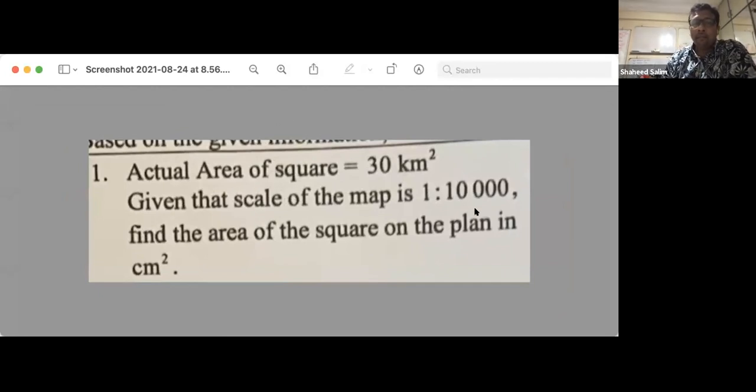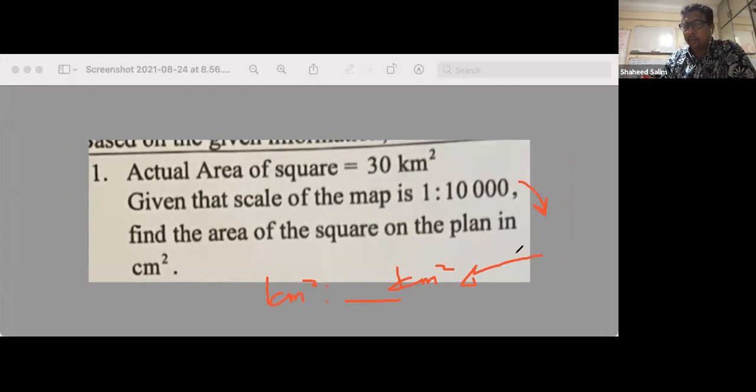what they're doing now, they give you the scale, they give you the actual area, they want to find the area on the map. Okay, so what you need to do, you need to find the scale for the area. 1 cm square is how many km square? Can you tell me what you work it out first? You work out the scale for length and then change it to area scale.